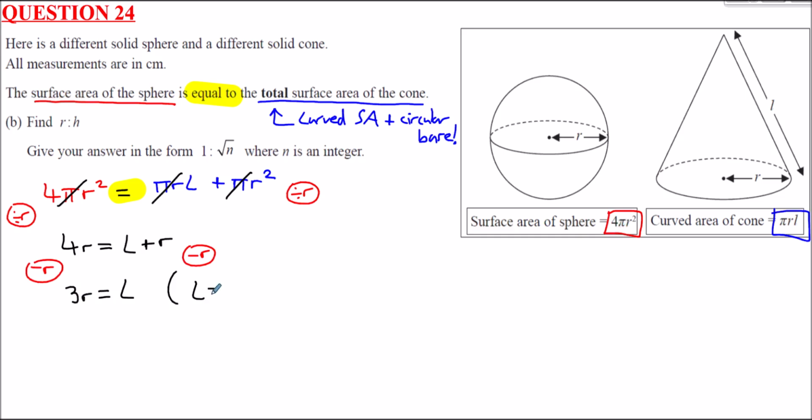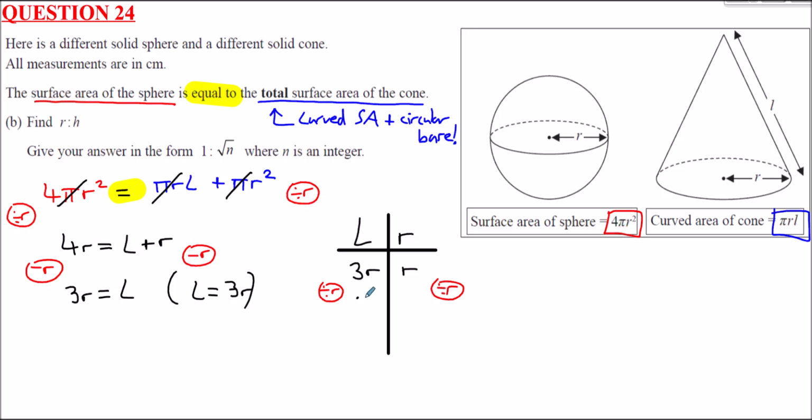In other words, if I think of this as L equals 3r, it will make much more sense when we have a look at our diagram of this cone. So setting this as a ratio of L and r, if L is 3 times r, and leave r as just r, if we divide both sides of this ratio by r, we can see that for every 3 units that L is, r is just 1 unit.